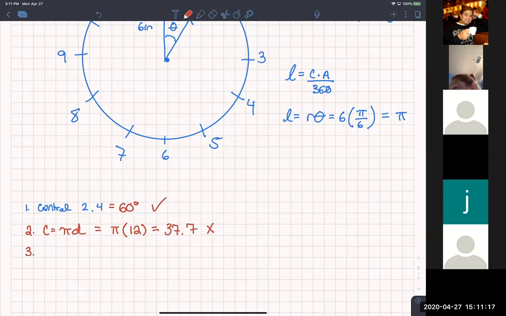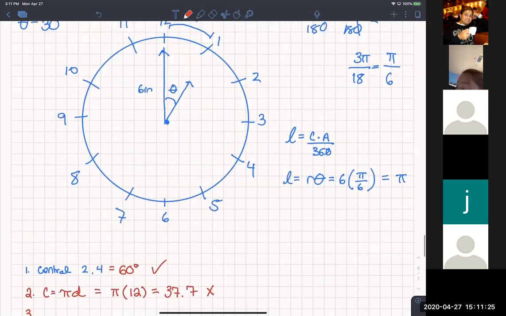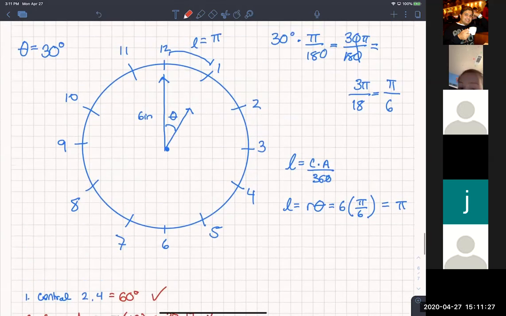The next one: with one hand at 5 and the other at 10, the minor arc formed by the hands is about 15.7 inches. The minor arc is the smaller arc. Remember, I told you each wedge is pi.